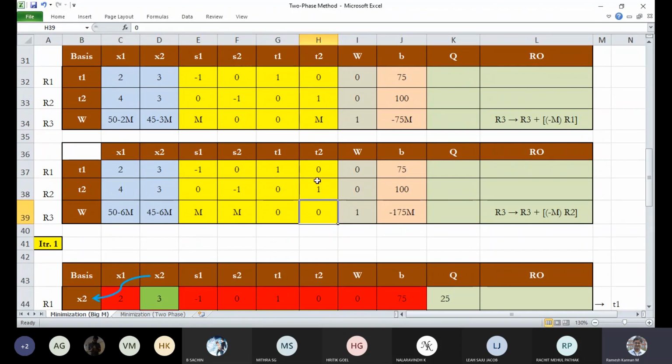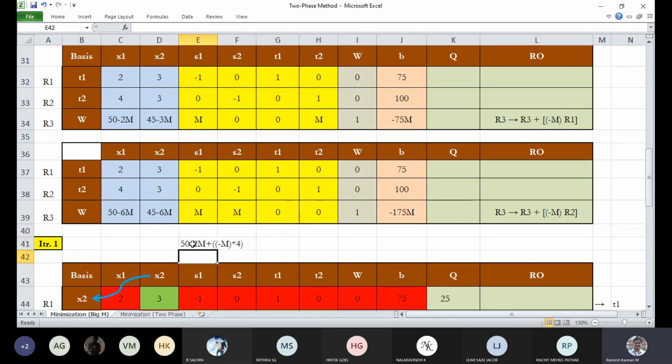Maybe I can explain this step, for example. Here we have 50 minus 2m, and we'll be adding that with minus m times the element in row 2, which here is 4, right?